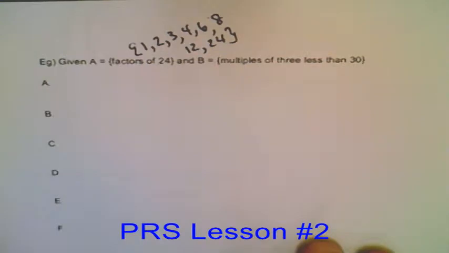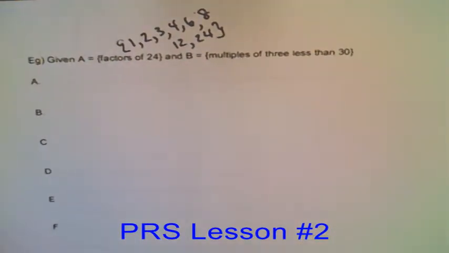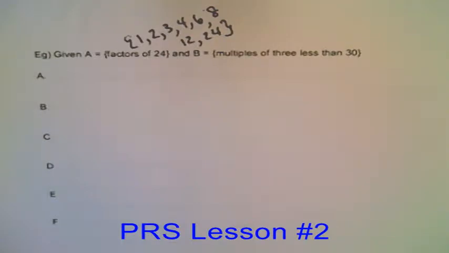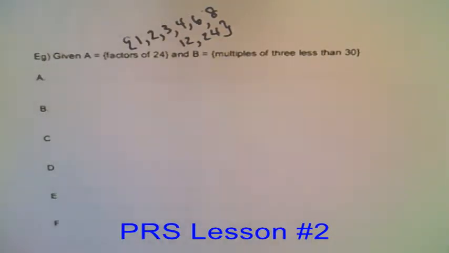So before I do any of these A through F things, what are the factors of 24? This is the set 1, 2, 3, 4, 6, 8, 12, and 24. So you've got to figure that out. Now, if you're having trouble with the factors idea or what they're talking about, please get help.